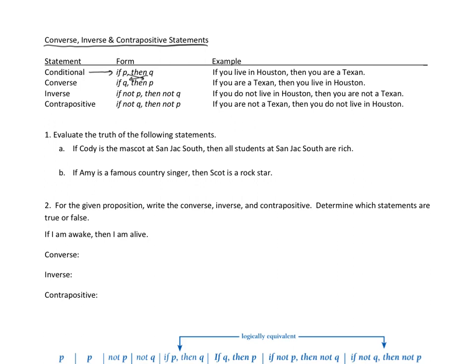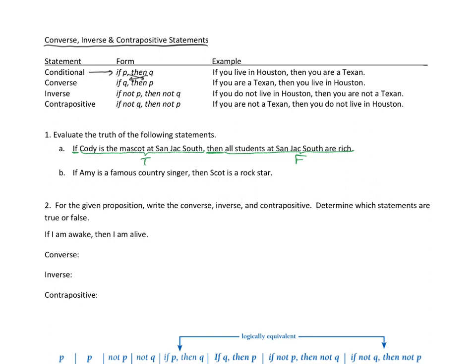So let's evaluate some conditional statements. So I see my if-then right here. If Cody is the mascot of Sanjak South, and remember that proposition is true, then all students at Sanjak South are rich. And remember that proposition is false.